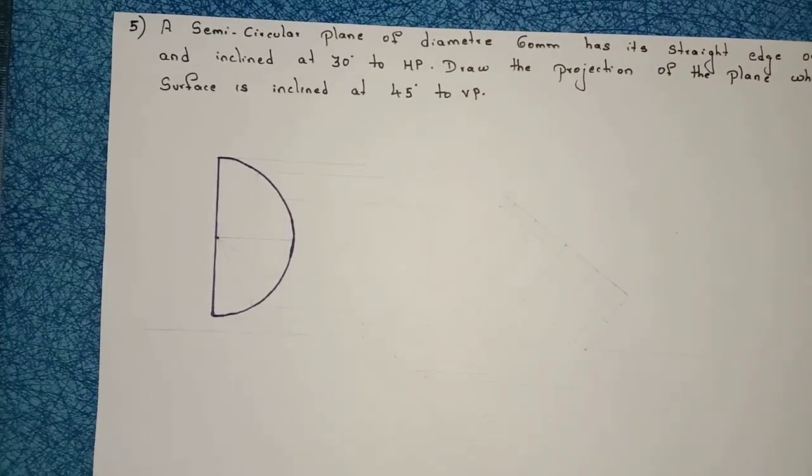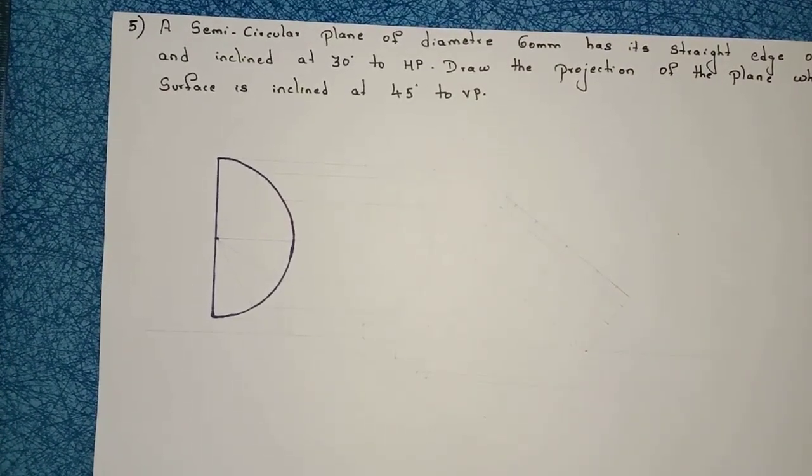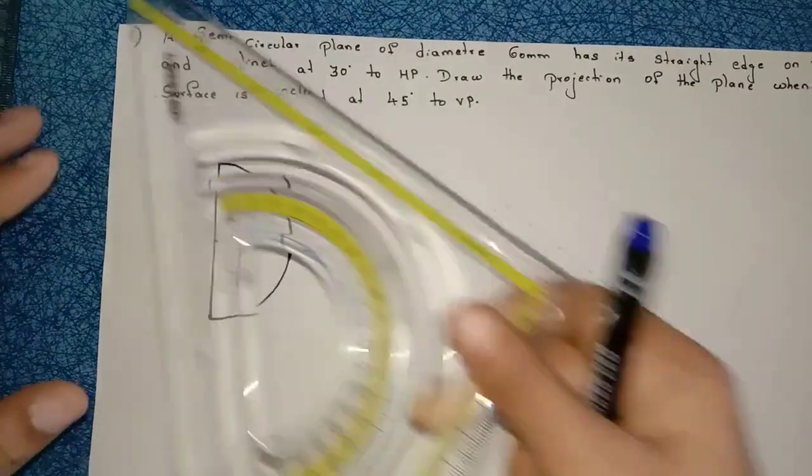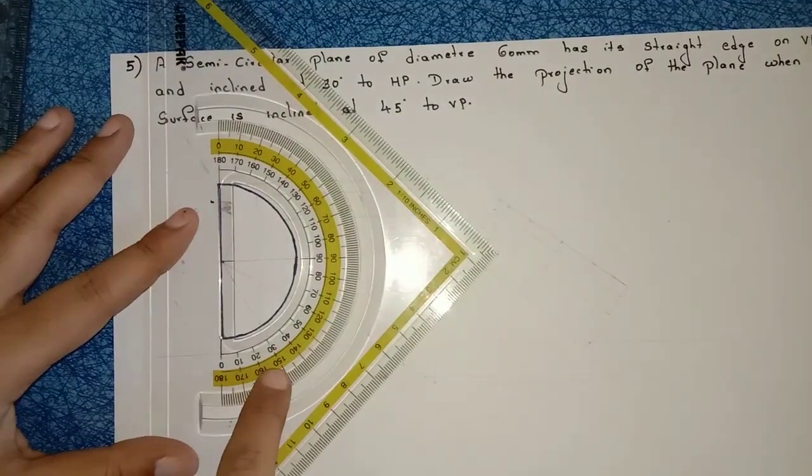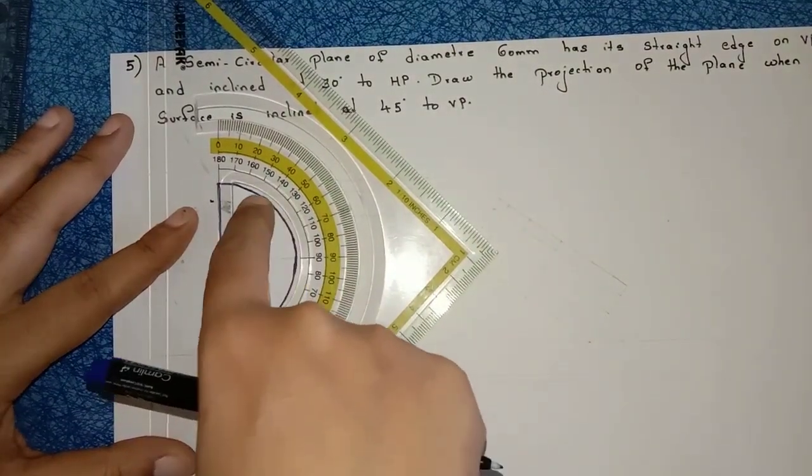Now you have to divide this semicircle into 6 equal parts, right? So keep your protractor here: 0, 30, 60, 90, 120, 150.